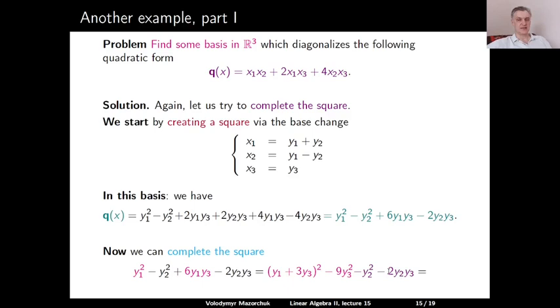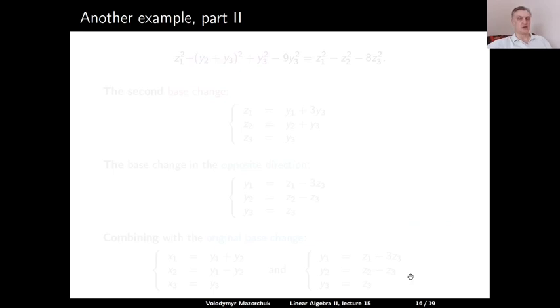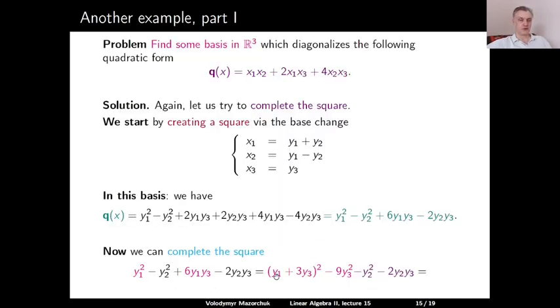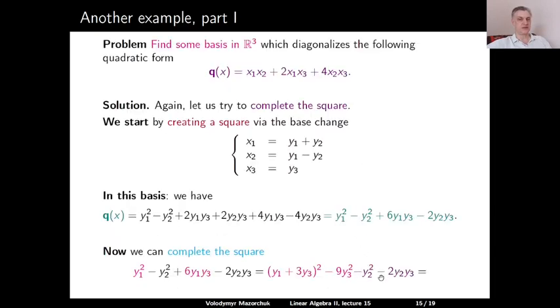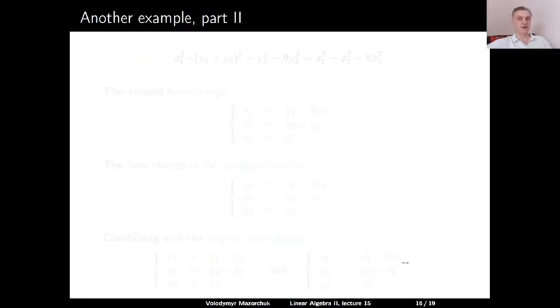Now here in this expression, we have y2 squared and minus 2y2y3, which contain y2. So we also denote by z1 the expression y1 plus 3y3. So we have z1 squared minus (y2 plus y3) squared, because we had minuses here, so minus y2, and then in the brackets would be plus y3 squared.